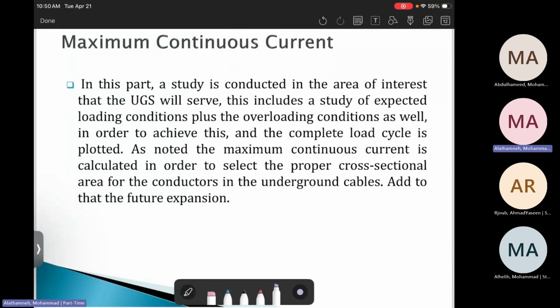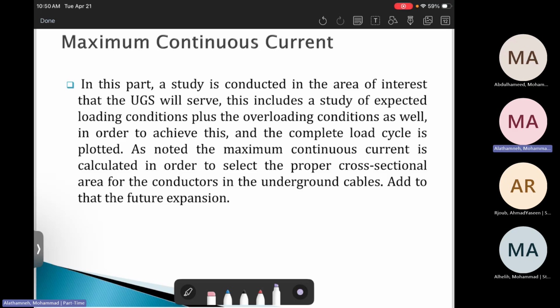The maximum continuous current, so the area of interest in underground systems is the conductor area, I would say the loading conditions plus the overloading conditions as well. We need to make sure the cable can handle any unexpected problem.